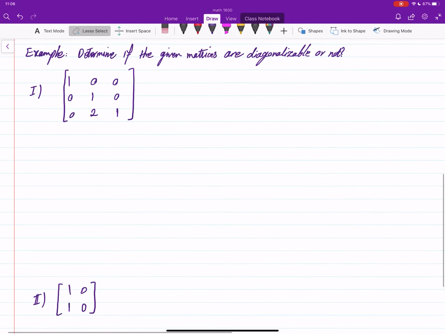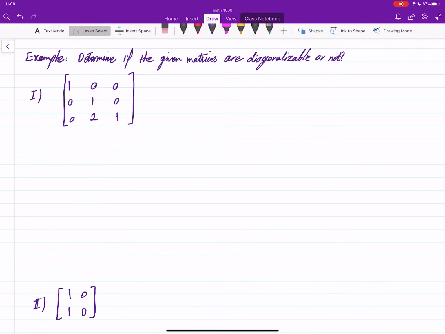or not. For example, this guy here, A, well, you see that the eigenvalues of A are 1, 1, 1.